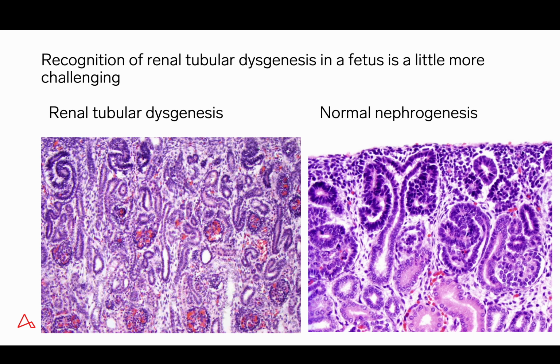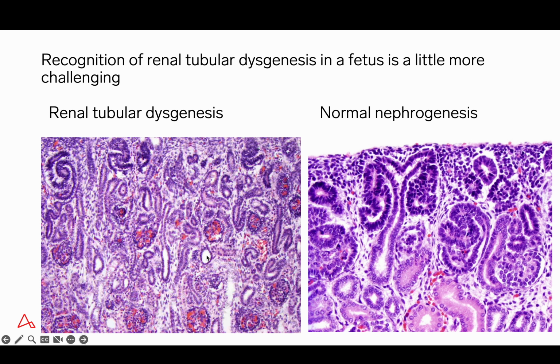Renal tubular dysgenesis can also be detected in a fetus, although this is admittedly a little more challenging to diagnose. I have two images here. The one on the left is renal tubular dysgenesis, and this is comparing it to normal nephrogenesis on the right. If we look at normal nephrogenesis, we can see by the time we have our first developing well-formed glomerulus, we have a prominent proximal tubular differentiation.